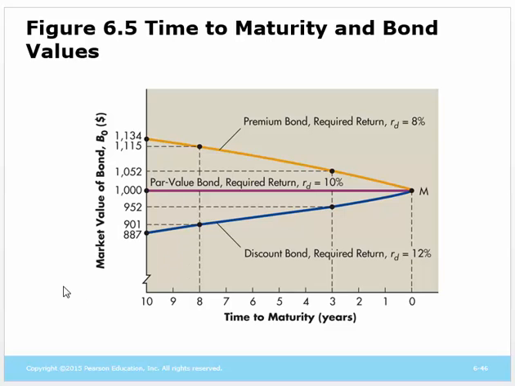One of the things we can see about bonds is that no matter when you buy them, the two bonds we talked about a little bit earlier, one was priced at $887, the other was at $1,134, when it matures, it has to be worth $1,000 because that's the check you're going to receive when it matures.